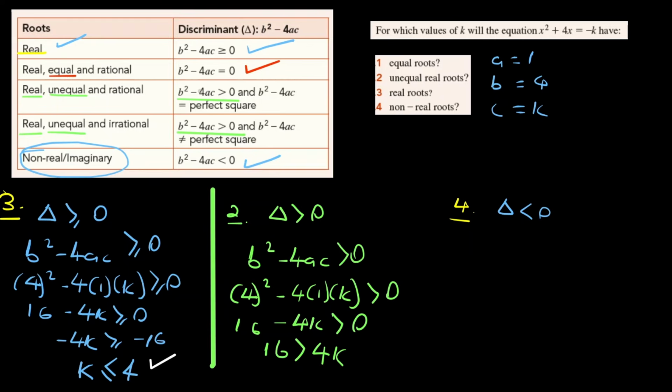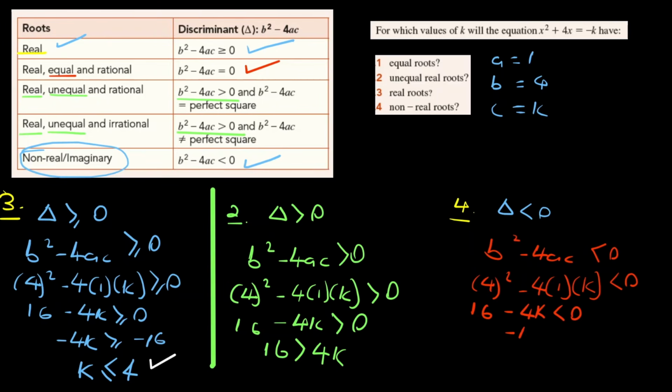The discriminant is less than 0 means b squared minus 4ac is less than 0. Our b is 4 squared minus 4. A value is 1 and our c value is k. So less than 0, which will be 16 minus 4k is less than 0.